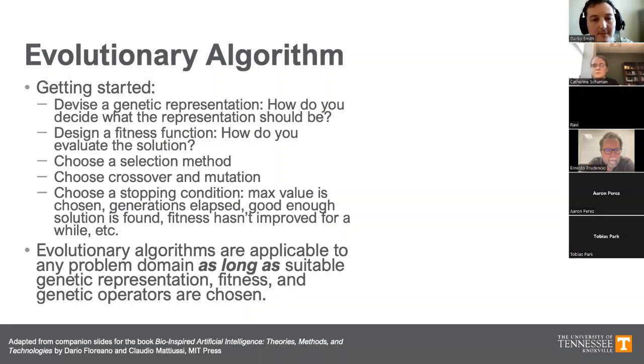And you have to choose some sort of stopping condition. Like, are you going to stop your evolution when you reach a certain value of your fitness function? Are you going to do it for some number of generations? Are you going to do it until you just get some sort of good enough evaluation, or if the fitness function score has plateaued over time? Once you have these things in place, you can apply evolutionary algorithms to pretty much any problem domain.